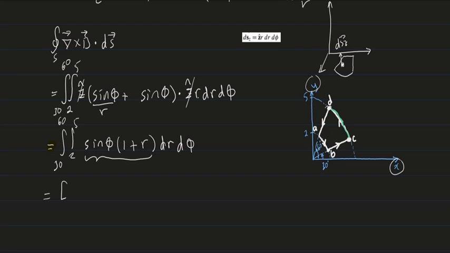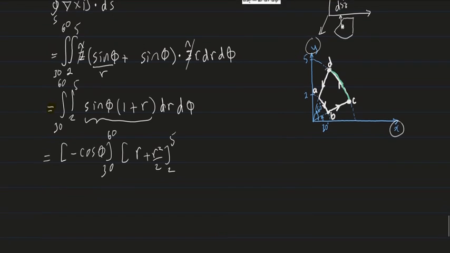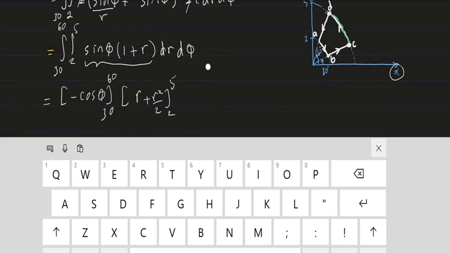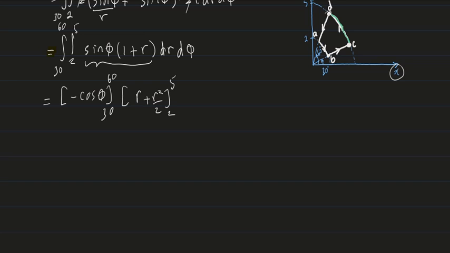So the integration of sine is minus cosine phi, and this is integrated from 30 to 60, and the integration of this is r plus r squared over 2, and this is from 2 to 5. And if you like, if I take 1 over 2 outside, then I will have here 2r plus r squared.